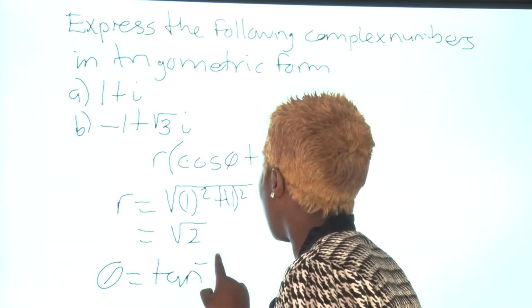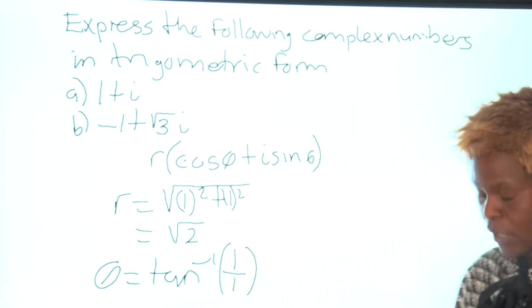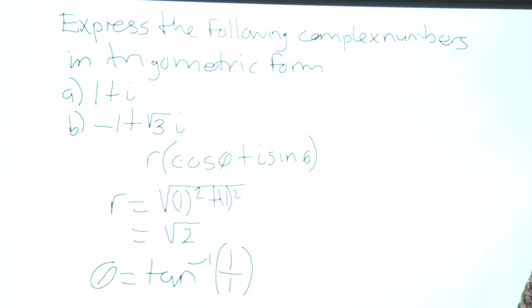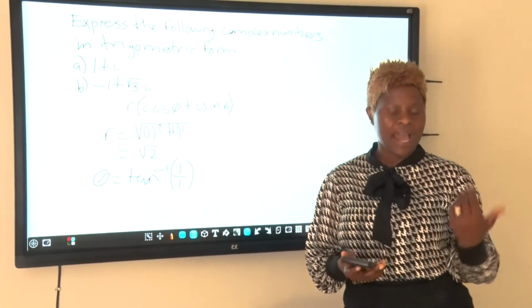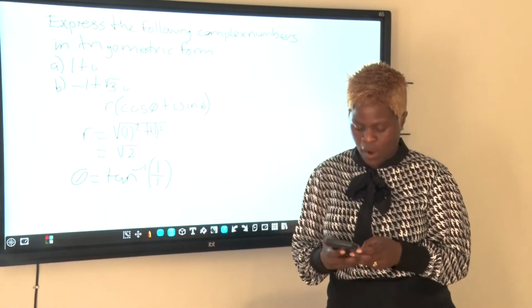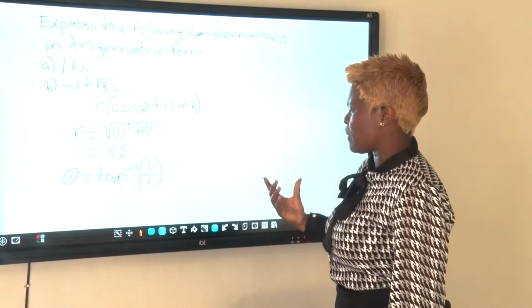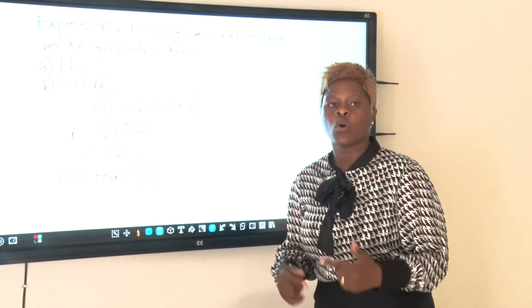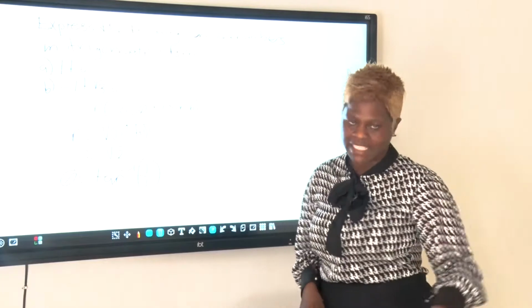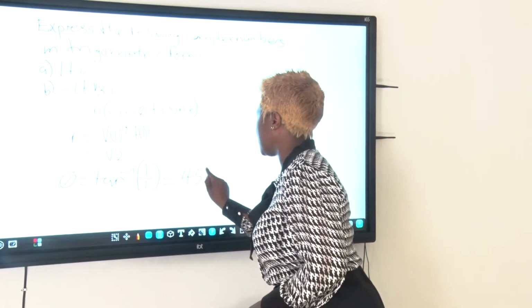Arctan of 1 over 1. Like yesterday, I taught you how to use a calculator. You will say second function tan, then it will be arctan. You put in bracket 1 divided by 1. What do you get? You can start by putting this in degrees so that it will be easier to convert from degrees to radians. If I put this in degrees, it's 45 degrees.